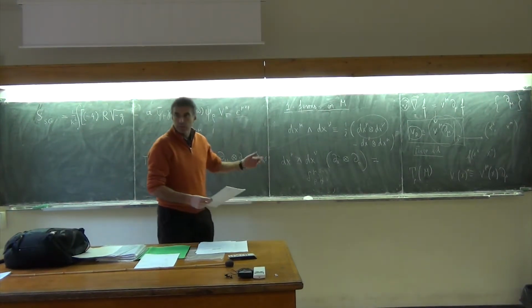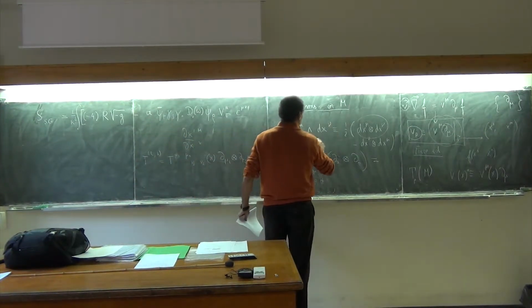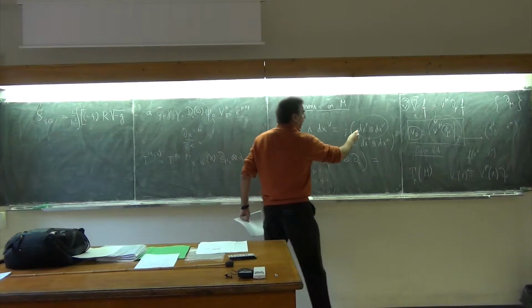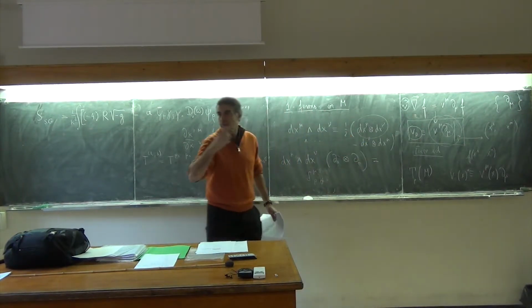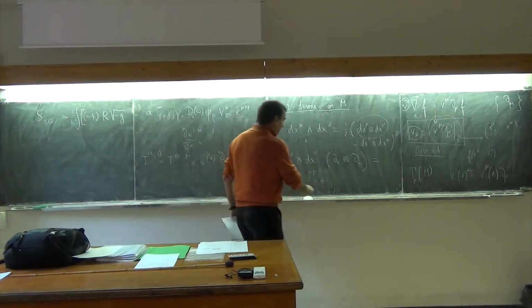These exterior products can be generalized to p forms. You can put more of these dx, and here you will just anti-symmetrize on the whole set of these dx, right?